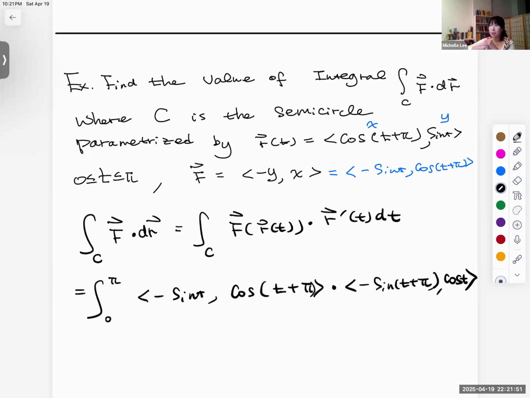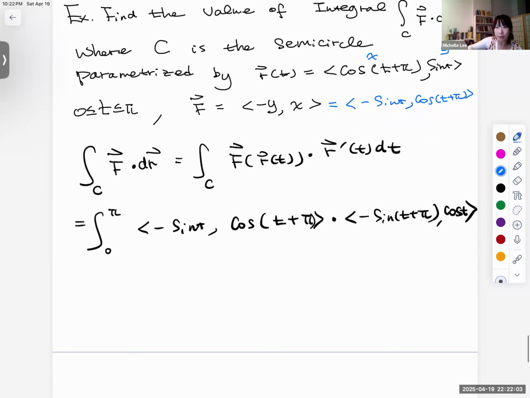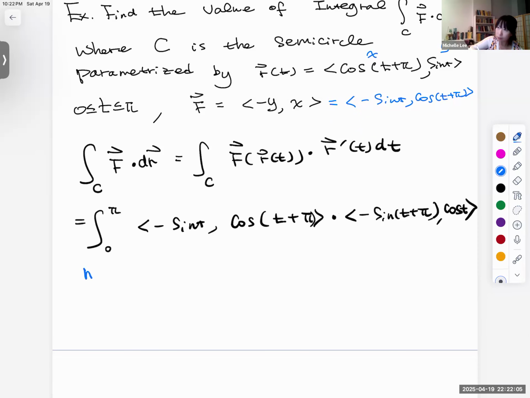Oh, we have a special case, huh? Okay, so let's make a special note. Sine of alpha plus beta equals sine alpha cosine beta plus cosine alpha sine beta.